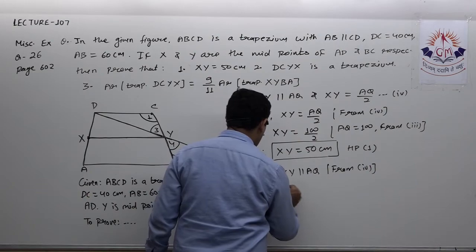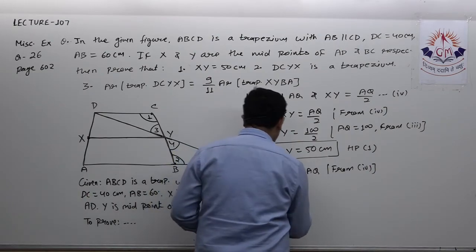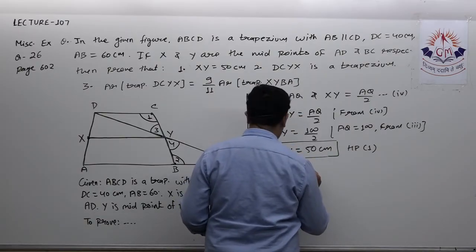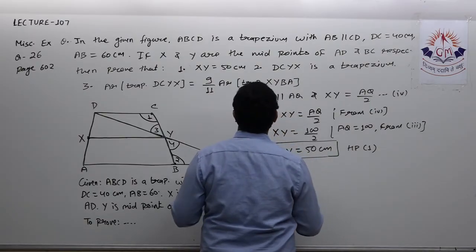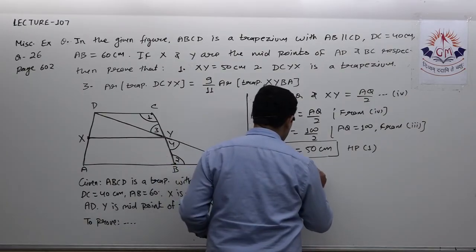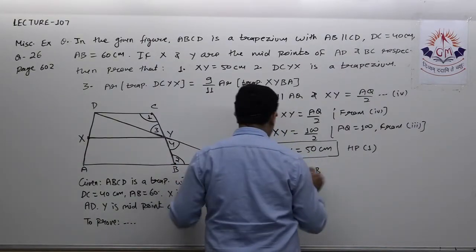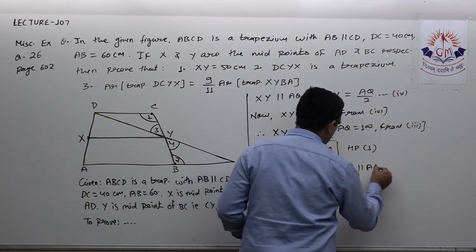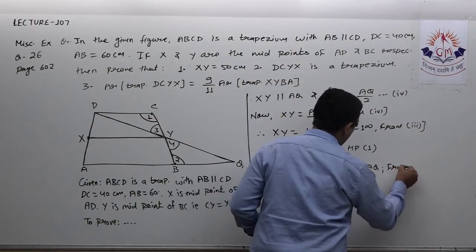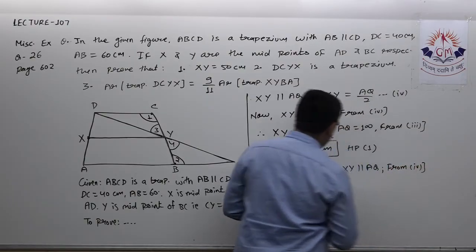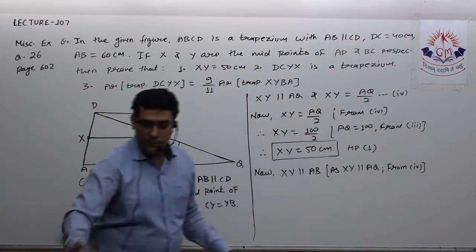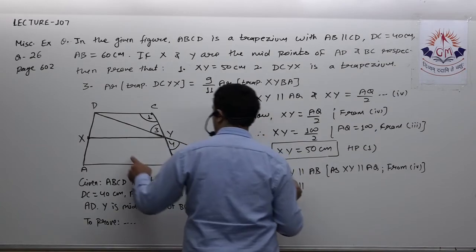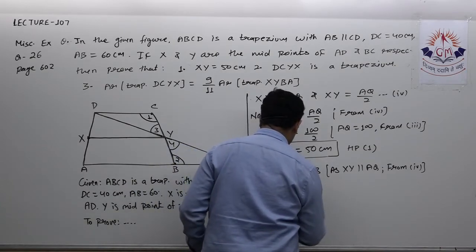Therefore, XY is parallel to AB, as XY is parallel to AQ from 4th. As XY is parallel to AQ, I can say XY is parallel to AB, and AB is parallel to CD.